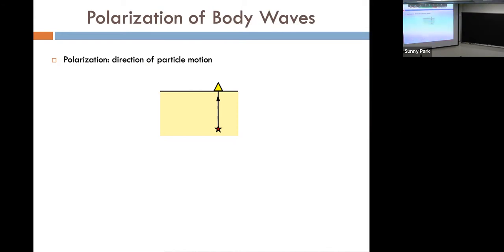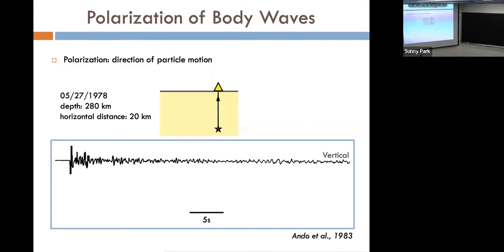There's actually a real data example of something close to this. This is an earthquake that happened in Japan at a depth of about 280 kilometers or so, and the horizontal distance to the station is about 20 kilometers. So it's really more or less the vertical incidence of the wave.